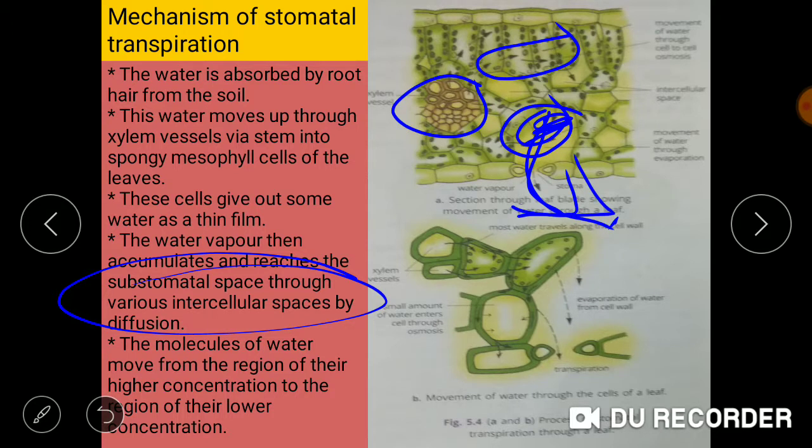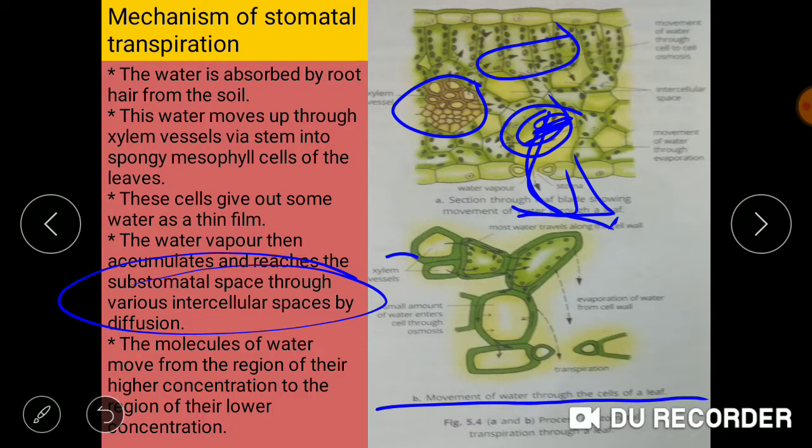The movement of water takes place from higher water concentration to the lower water concentration by the process of osmosis. In the second diagram also they have shown the movement of water through the cells of a leaf.